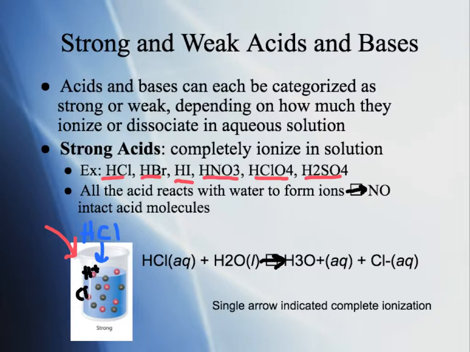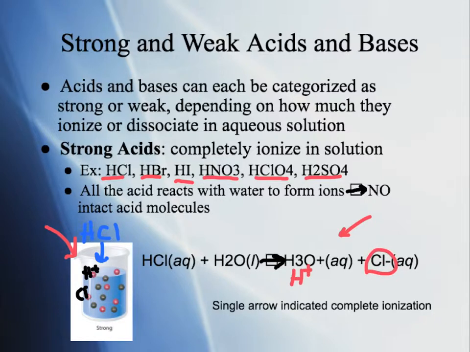So that's what this equation right here is representing. HCl, when you add it to H2O, is going to completely ionize to make the hydronium ion, H3O plus. Remember, we can always interchange that as just saying H plus, and chloride ions.